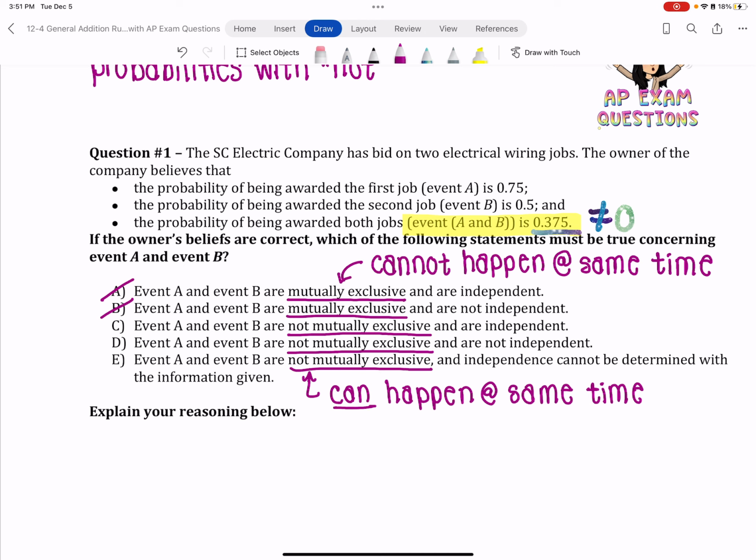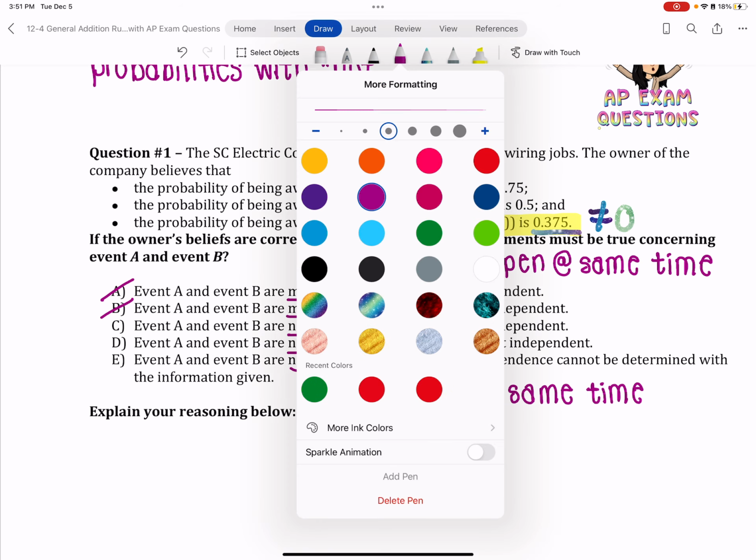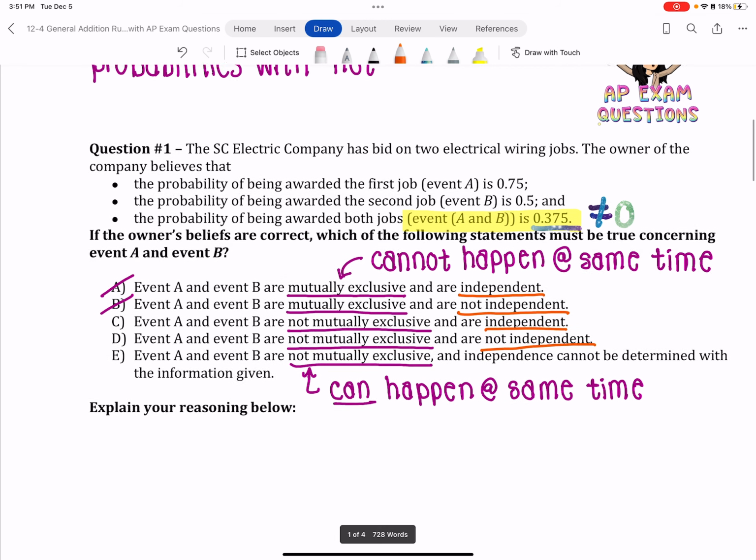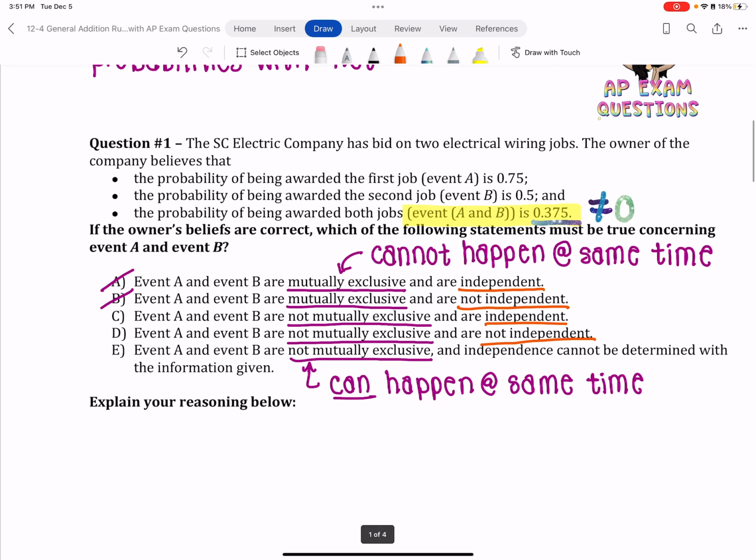And now we have to consider the independence part of it. So let's take a look to see if they are independent or not independent. And the last one says that it cannot be determined with information given.